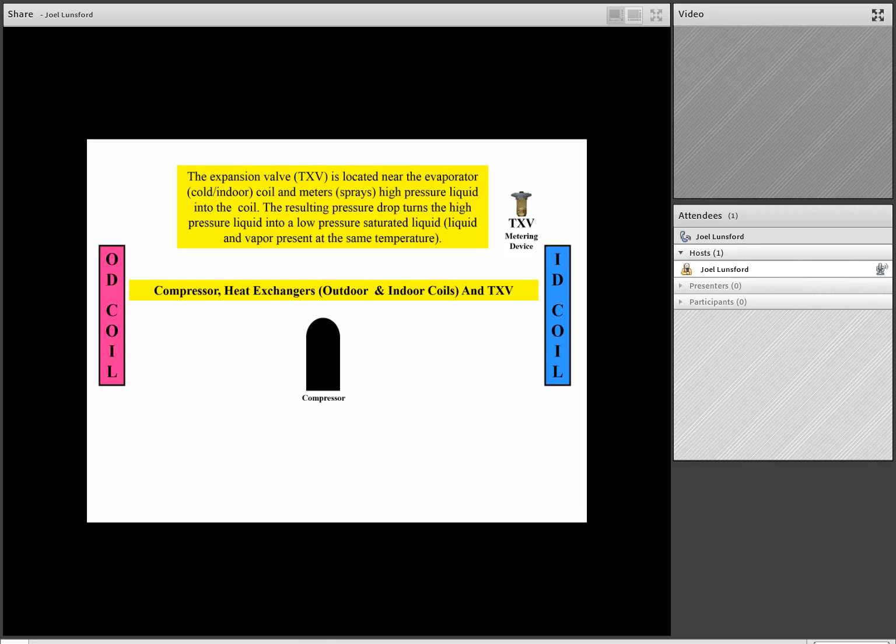So the point is that when we're boiling that refrigerant, it's going to be very cold comparatively. Even though it's boiling, it's going to be a 30, 40 degree temperature inside that coil, boiling at a particular temperature based on pressure.